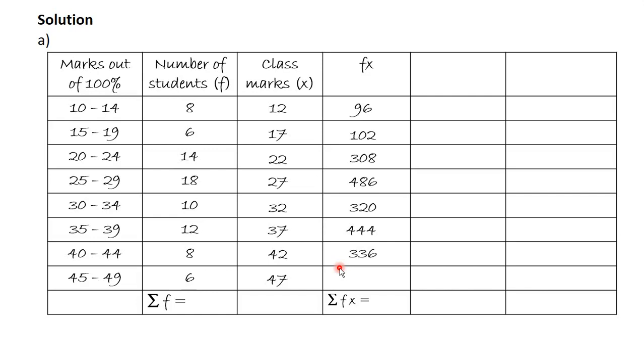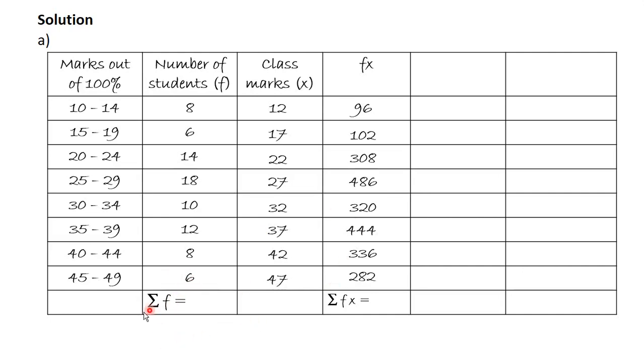And then lastly, 6 times 47 gives us 282. Yes, so we have finished that.